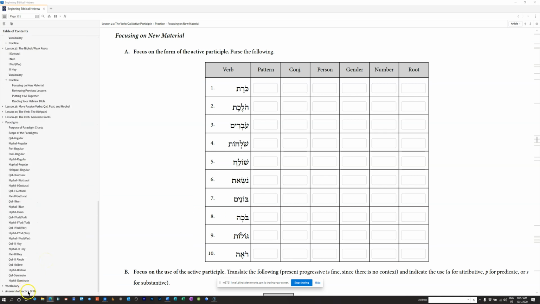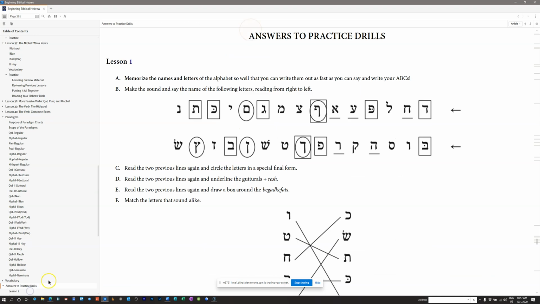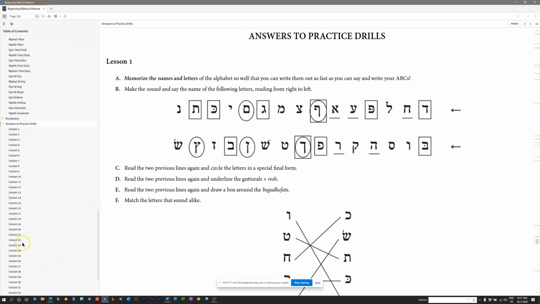So let's go look at our answers. We are in lesson 21A, number 8. So let's see what we can find here.